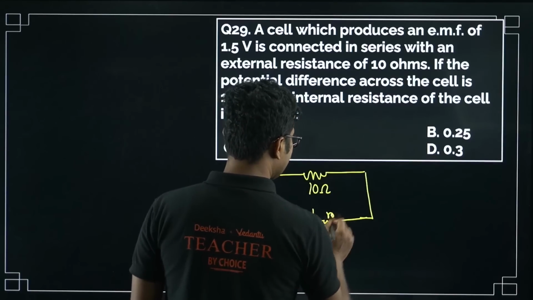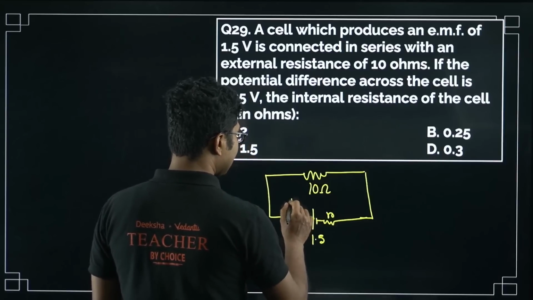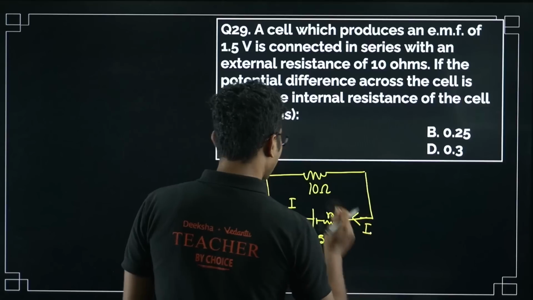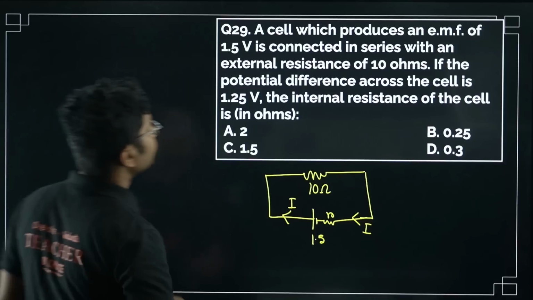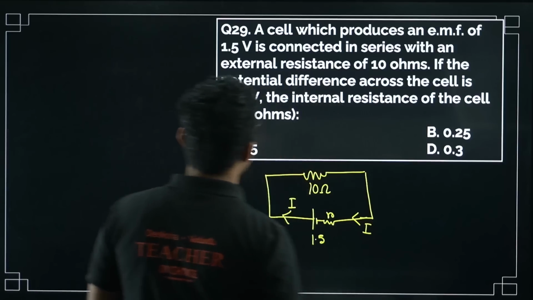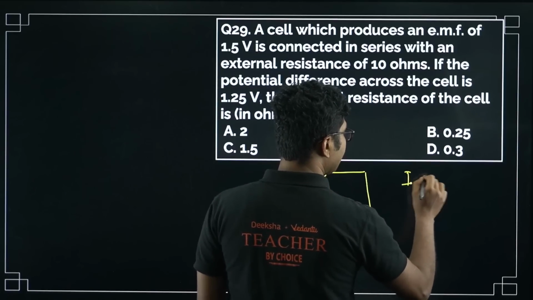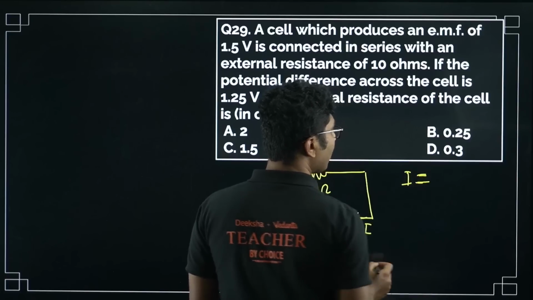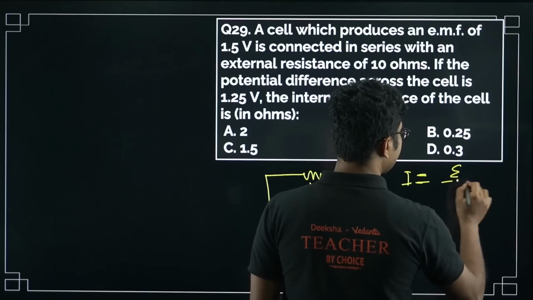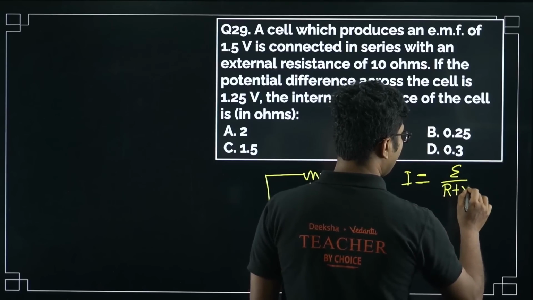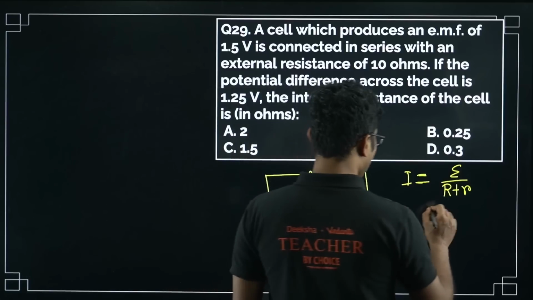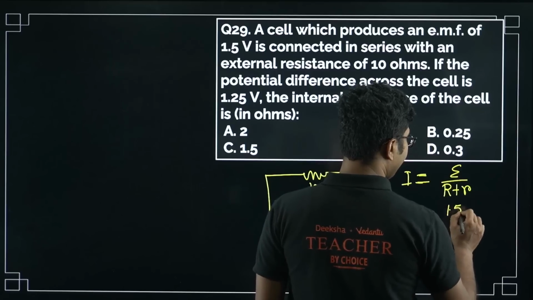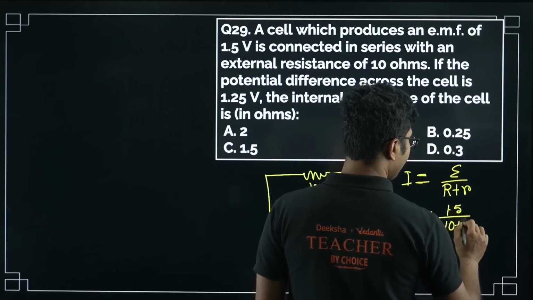Internal resistance is r. So current in the circuit, say I, is epsilon divided by R plus small r. Epsilon is 1.5, R is 10, small r we don't know.